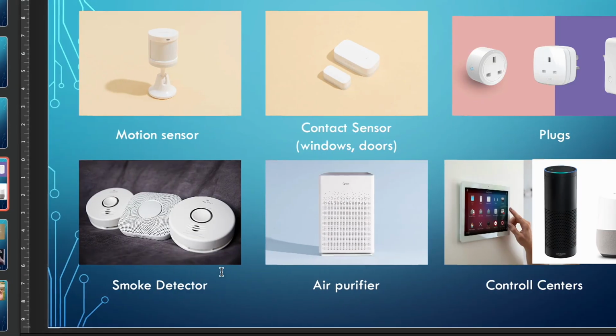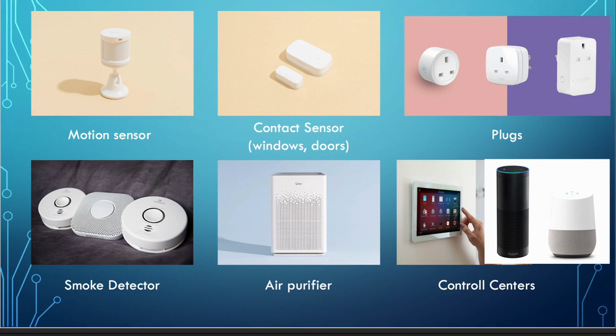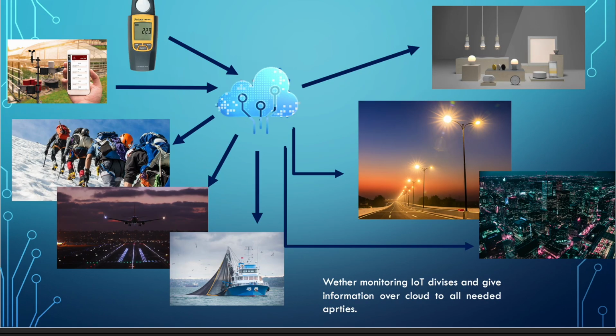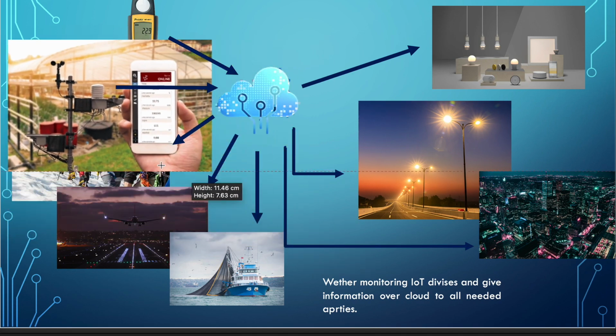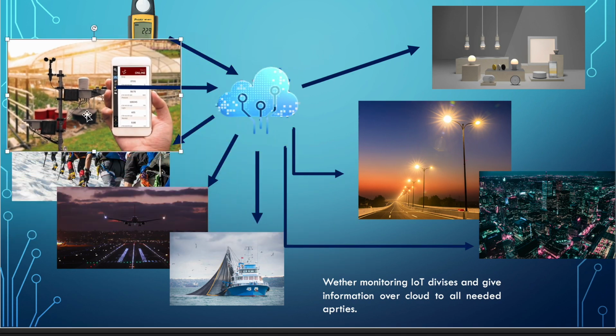Let's go to our examples again and try to understand this scenario. You can see the weather monitoring station would be an IoT device, but there are different sets of sensors in it for that device to work.